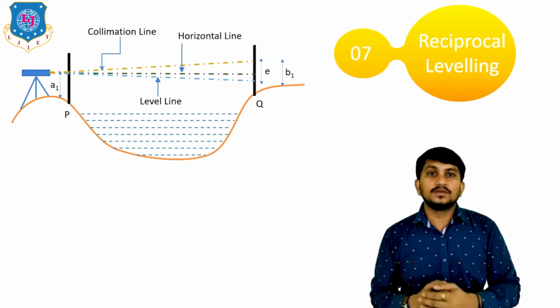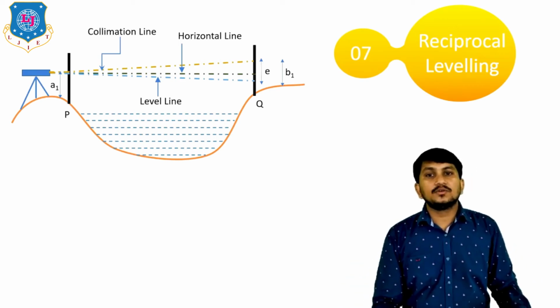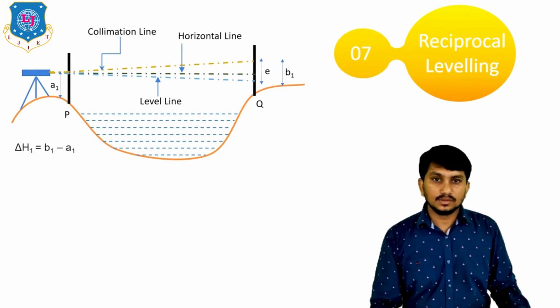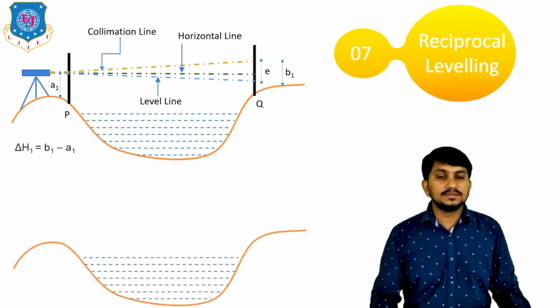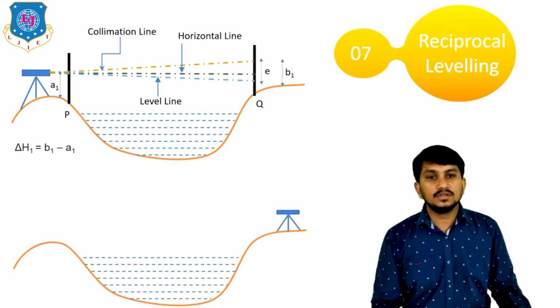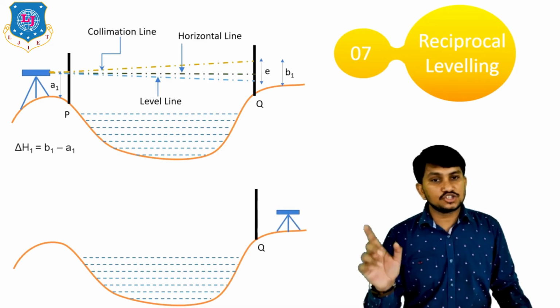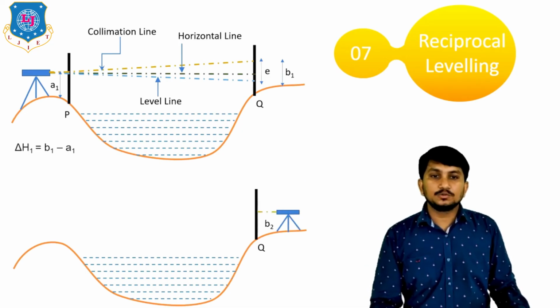So we have to take a number of readings and average the readings for that. For that we have to do another setup like this, and at the other bank of the river we do setup now. We take the first reading at station number Q, which is B2.